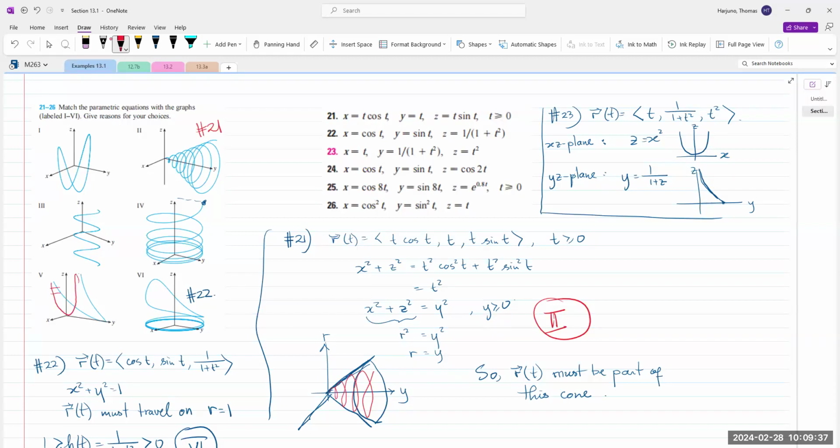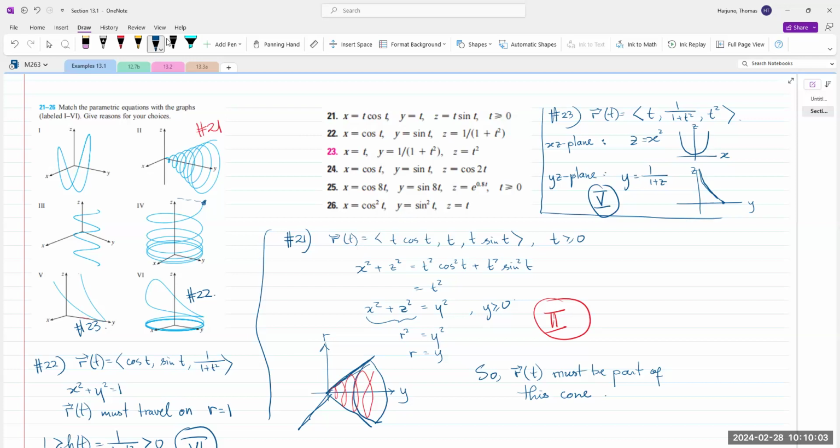Right? Can you imagine this? So yes, this will be graph number 5, and this is for equation number 23.